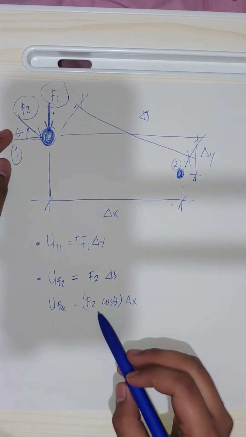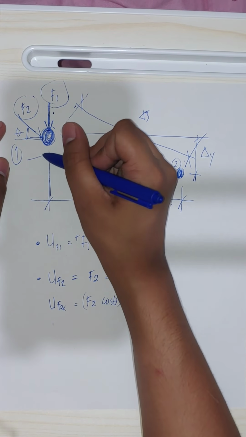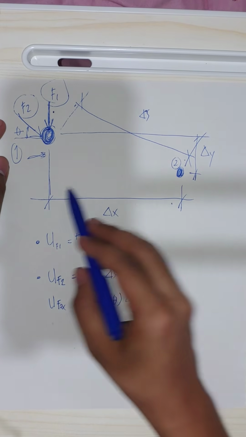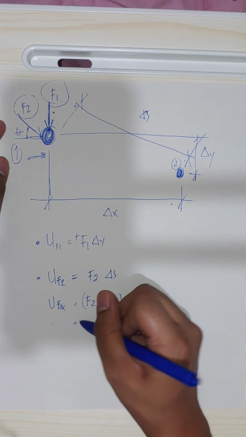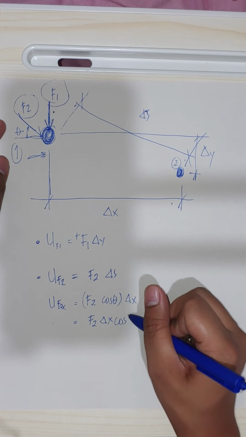Positive or negative? Positive, because the x component of F2 is towards the right, and the motion is towards the right. So that is positive. Simplify: we have F2 delta x cosine theta.